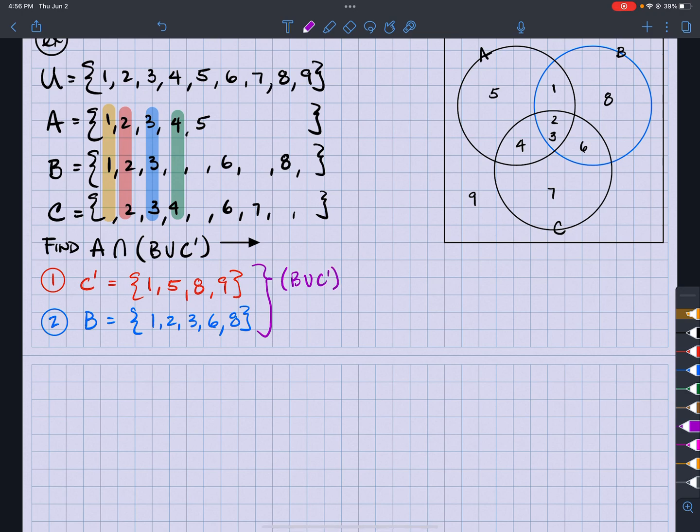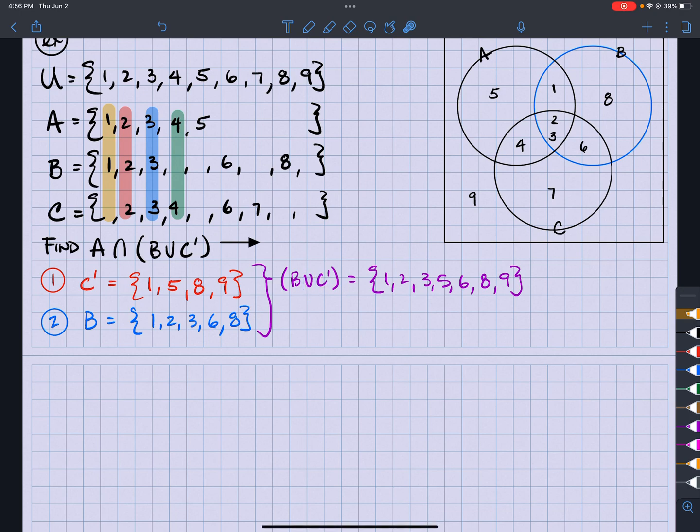So if I union these two, I'm going to get the combination of both of them together. So 1, 2, 3, 5, 6, 8, and 9. Any number in here has to go in there because it's a union. So everything gets jammed up there.